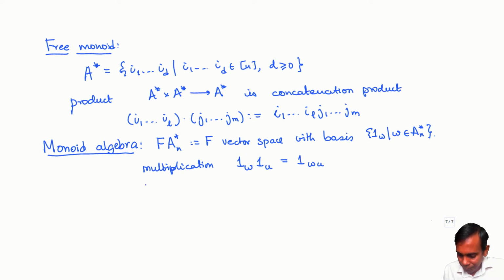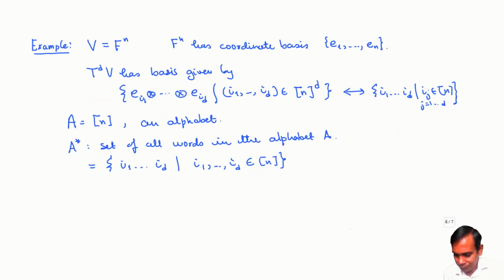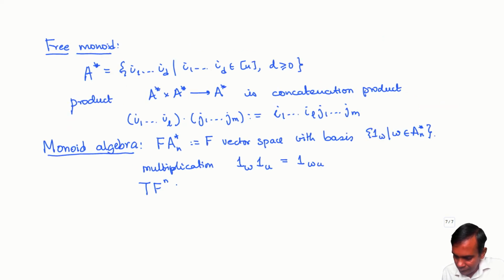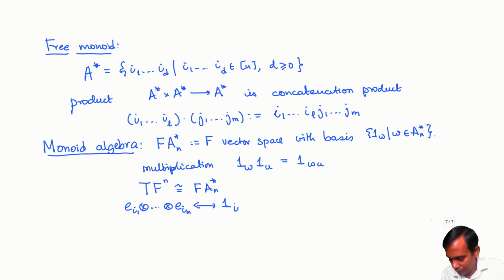And this tensor algebra of V equals F^n that we saw on the previous page is isomorphic to F of A_n star via the isomorphism e_i1 tensor ... tensor e_id goes to 1_{i1 ... id}.